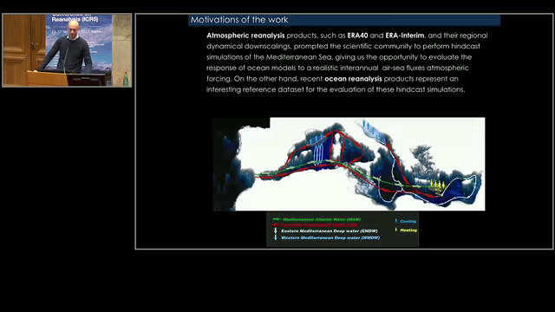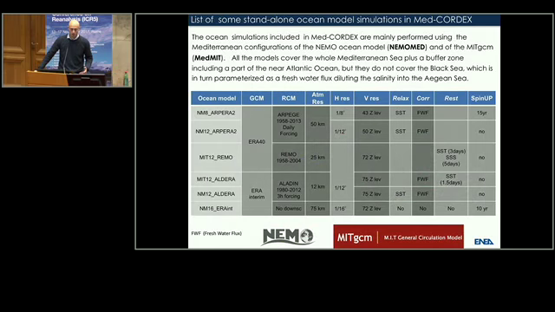But this is very interesting because now we can use also reanalysis specifically dedicated to the Mediterranean Sea. So we can use ERA-Interim just to force our models, and also now we have at least 3 different reanalyses just to compare how our ocean component performs. So this is what I'm going to show you.